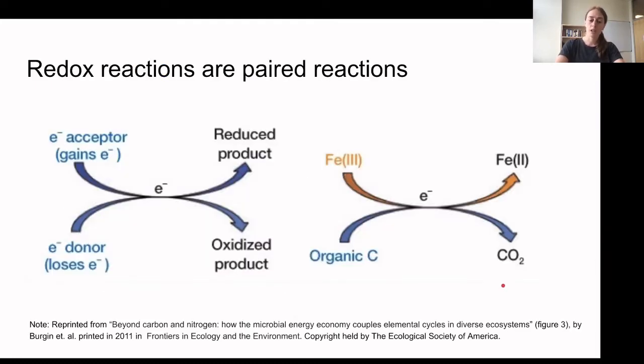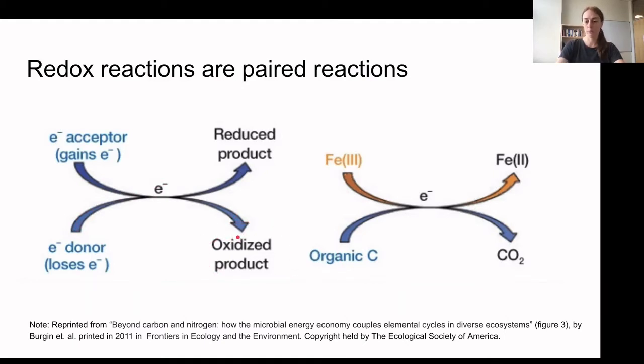Again, as a nice example with this diagram of how redox reactions are paired reactions, we have this electron acceptor. This is the molecule that's going to gain an electron, and we have an electron donor, the molecule that's giving away its electron. This electron is donated and goes to the electron acceptor and results in a reduced product, and the donor that gave away its electron is the oxidized product.